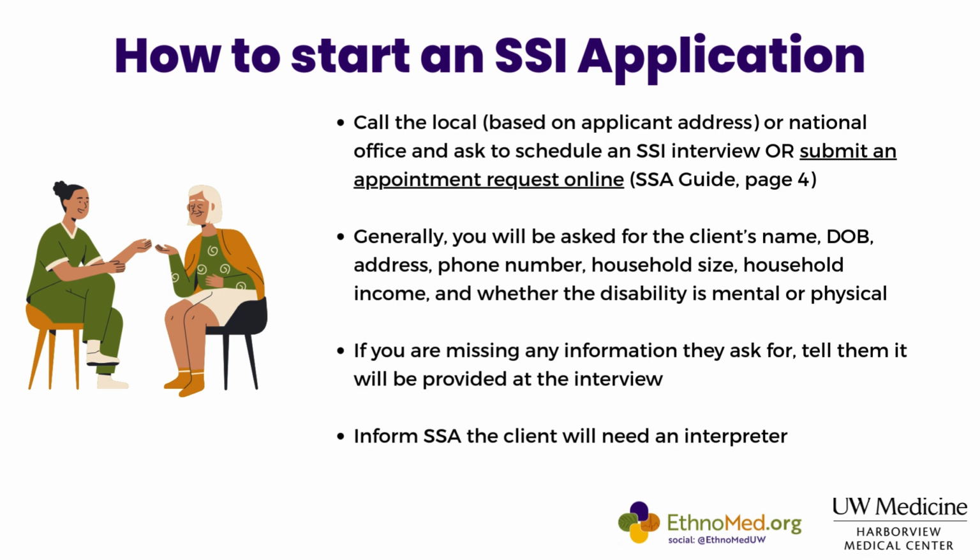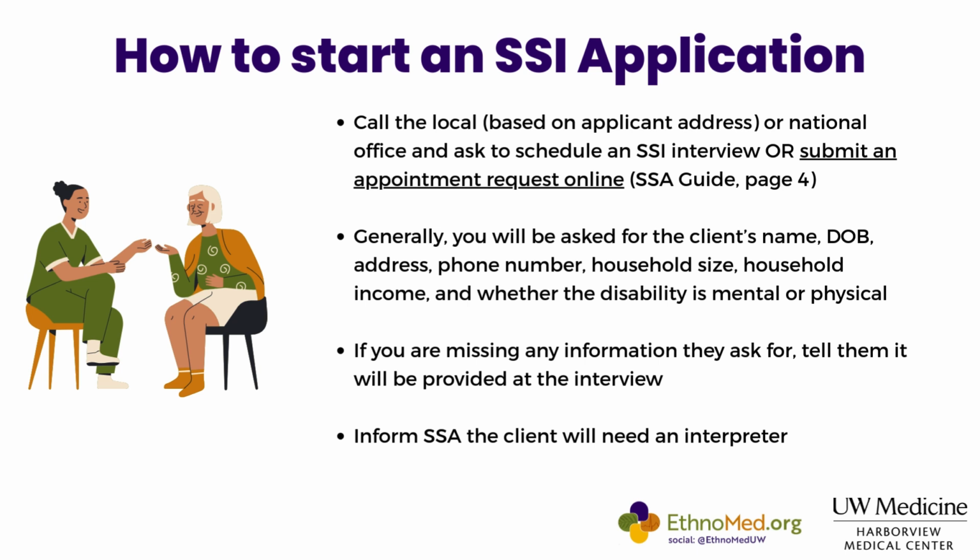The easiest way to do so is to either call the local office, which is based on your applicant's address where they're living, call the national office, or submit a request on the Social Security website for an SSI interview. If you submit the request online, Social Security will generally follow up directly with your client about the date and time of the interview appointment, which is usually provided through mail and only in English.